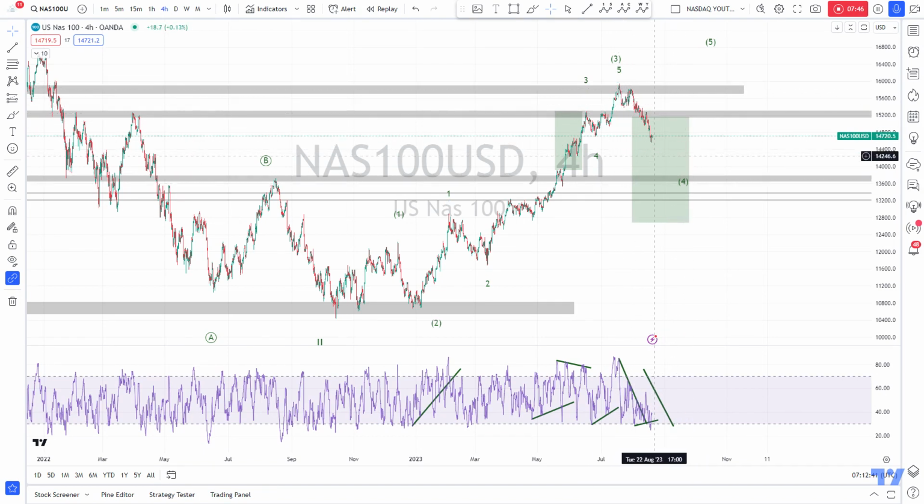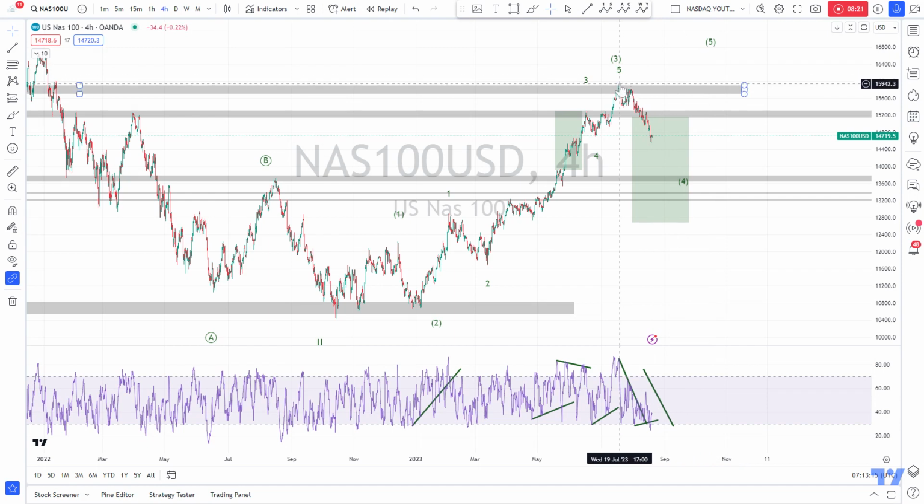And if it is an ABC, then we will probably see more downside first in this area, because then our A should be an impulse, and then we have 1, 2, 3, then we need a 4, 5, then this can be our wave A, then wave B to the upside, messy structure, and then wave C to the downside. So that would be my scenario if we are still working on this wave 5 here to the upside.